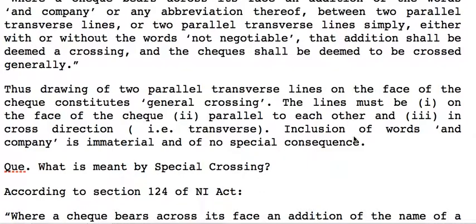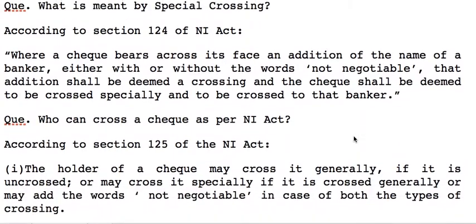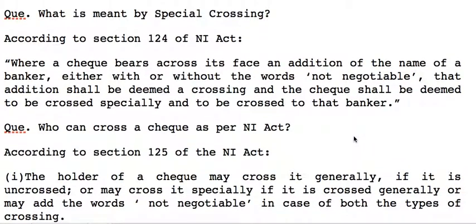Then what is special crossing? Special crossing is covered under Section 124 of the NI Act. And here you will see there is the name of a banker.